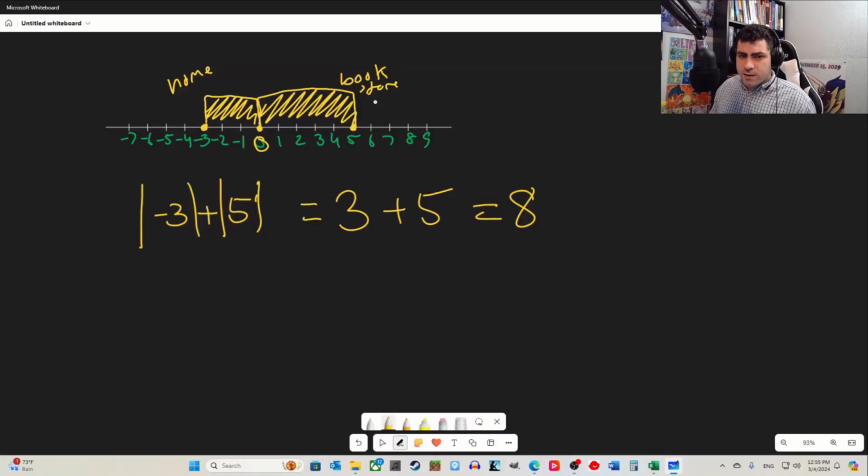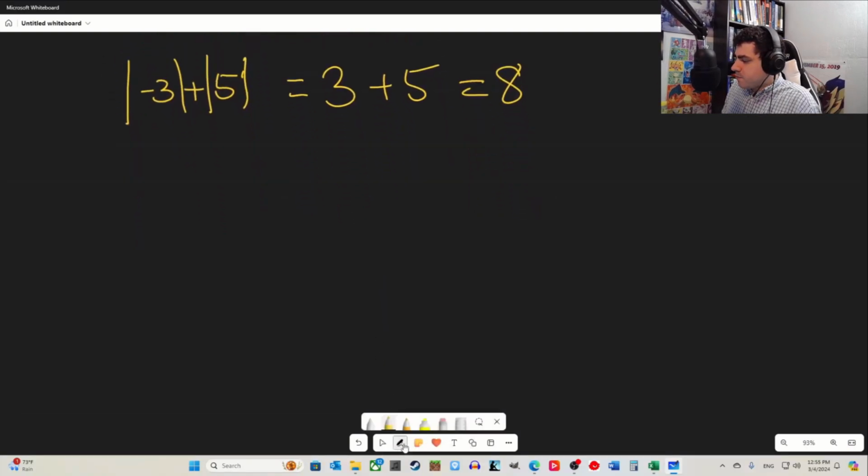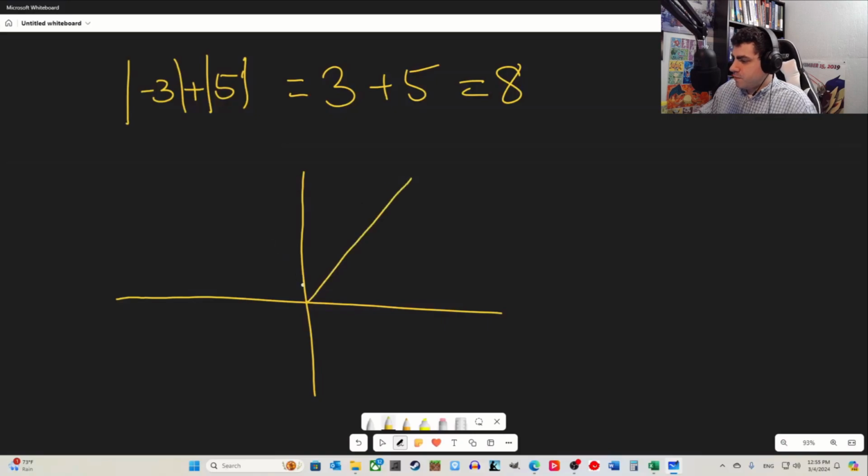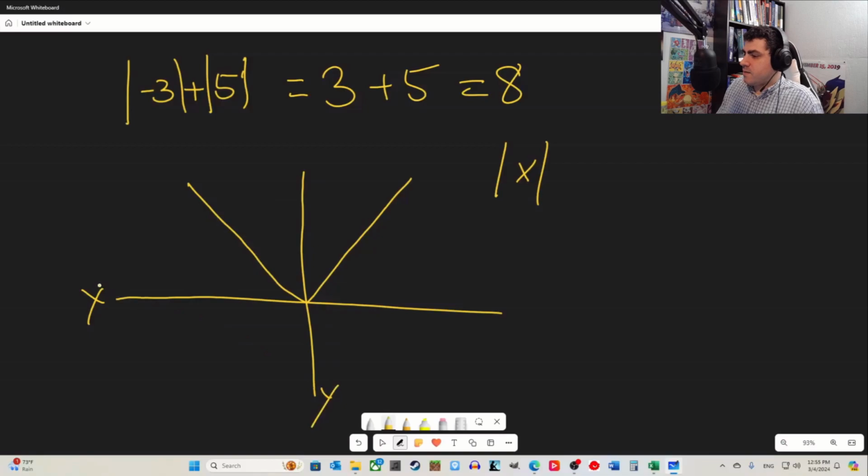I don't know if you've seen graph work, you might be able to recognize this. If you have absolute value, what does it look like on the graph? That's what it looks like on a graph. You have the absolute value of x. Notice that this is your x-axis, this is your y-axis.